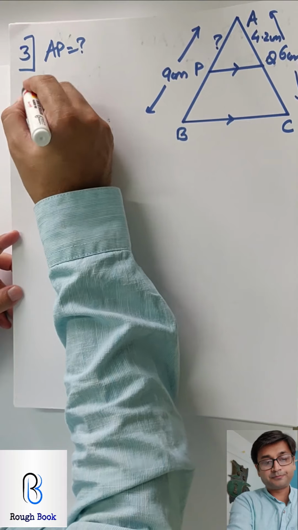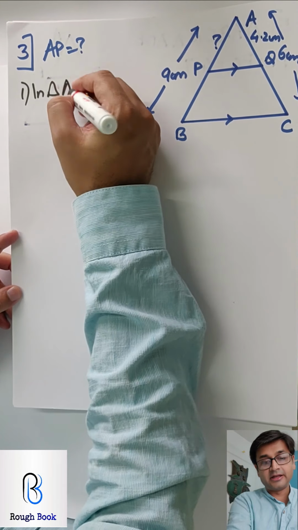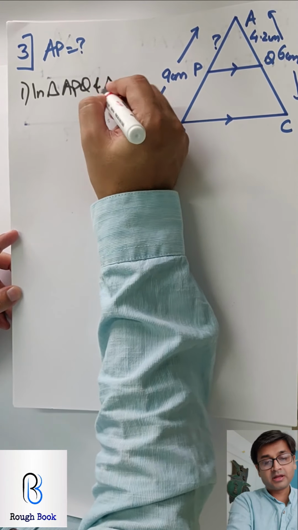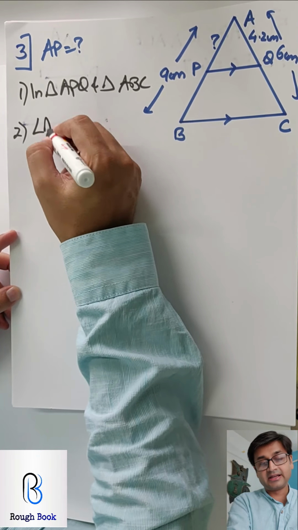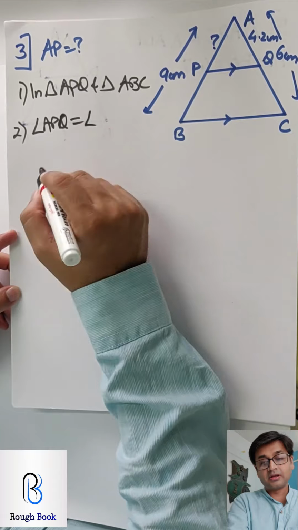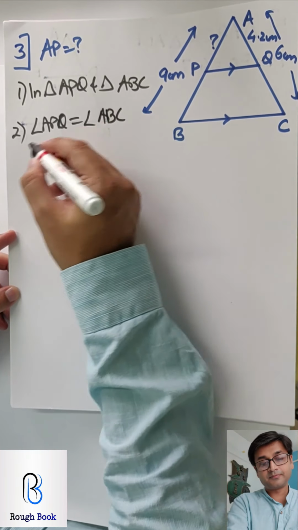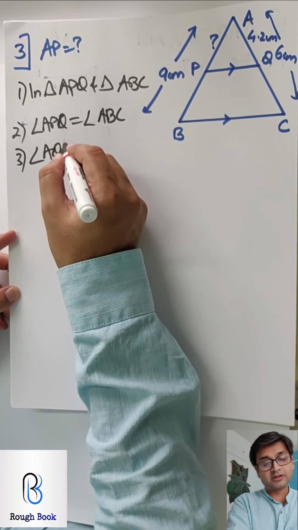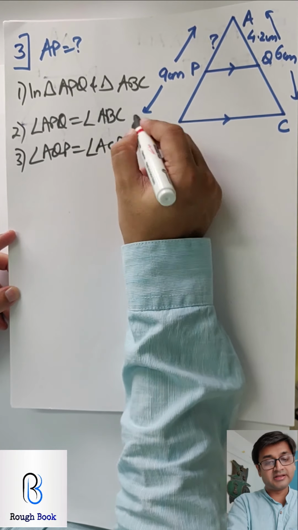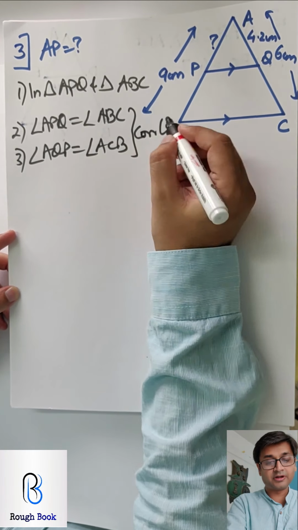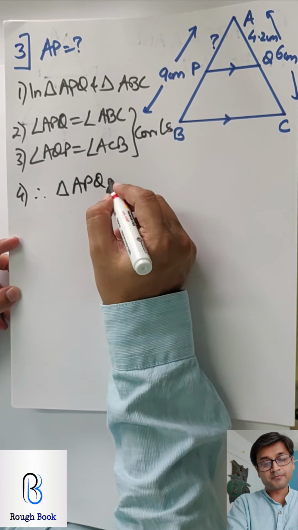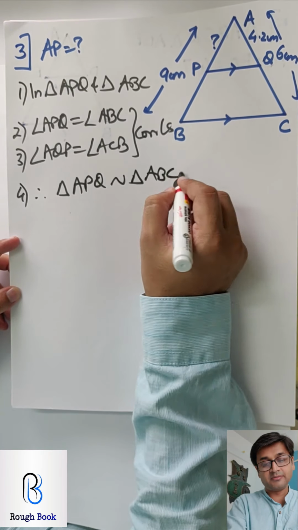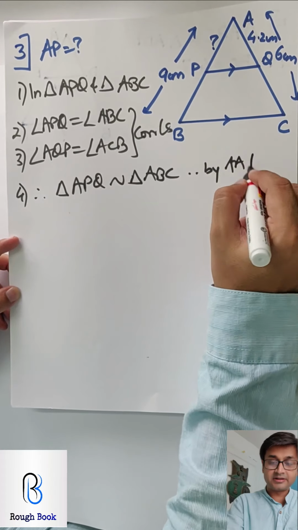So number 1, in triangle APQ and triangle ABC, I will say angle APQ equals angle ABC and angle AQP equals angle ACB. Both are corresponding angles, and therefore triangle APQ is similar to triangle ABC by AA test.